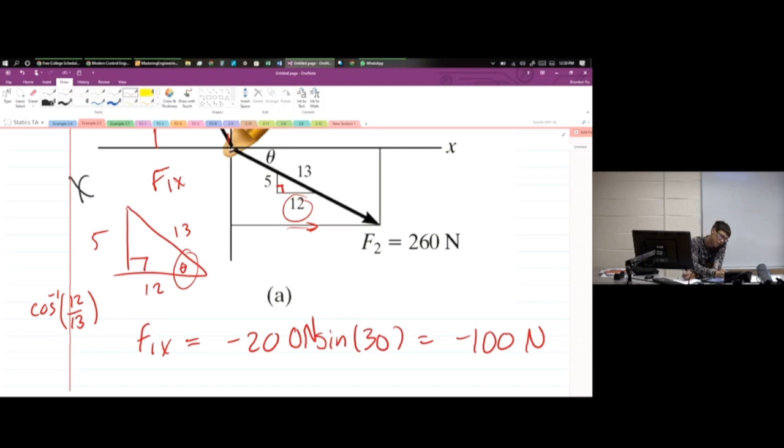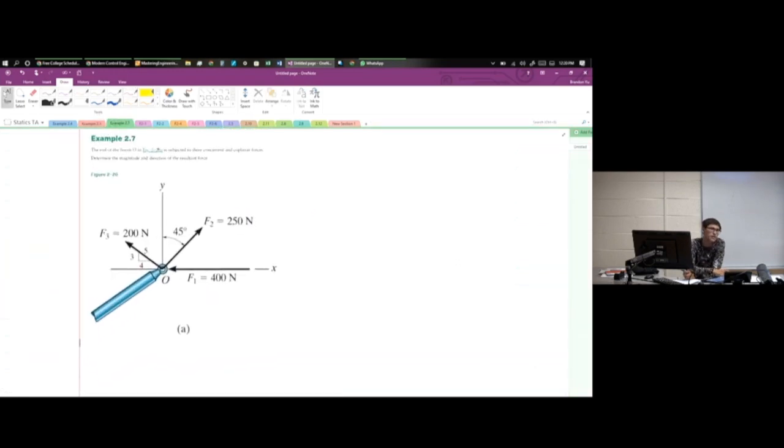Well, you can say that this angle here would be theta, or 90 minus theta, right? If that's what you're asking. Yeah, this would be 90 minus theta, and you can do it with sine and cosine. But like I say, it would be easier to do it with the triangles.